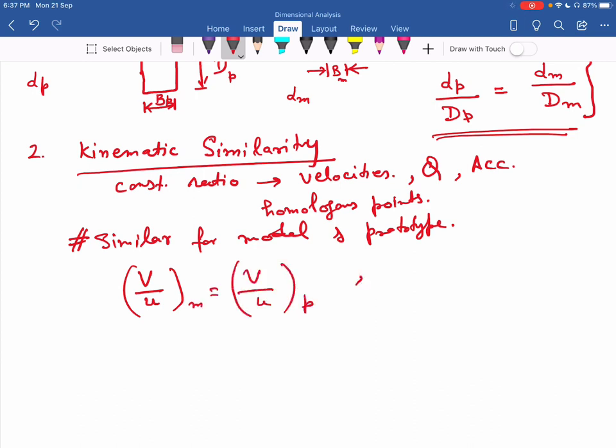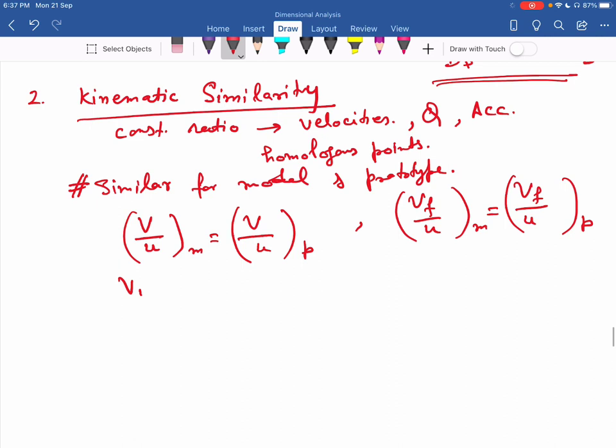Then for the flow velocity, Vf upon U for model is equal to Vf upon U for prototype. Then for the whirl component of velocity, Vw upon U for model is equal to Vw upon U for prototype. Such equations hold good for kinematic similarity.